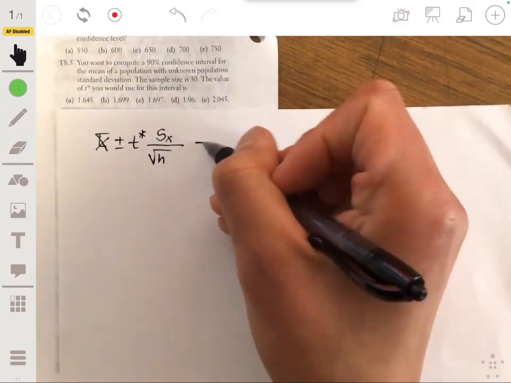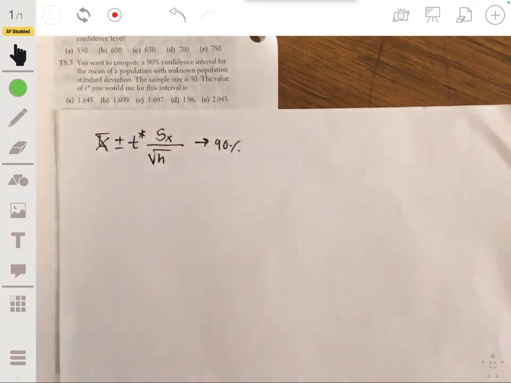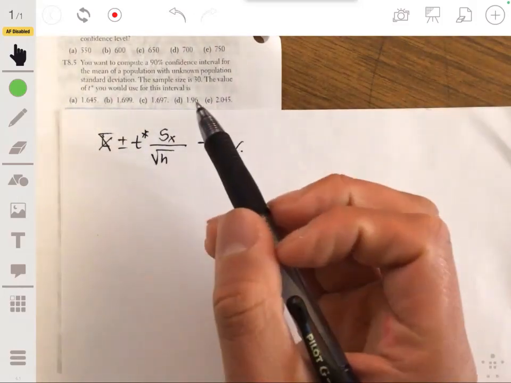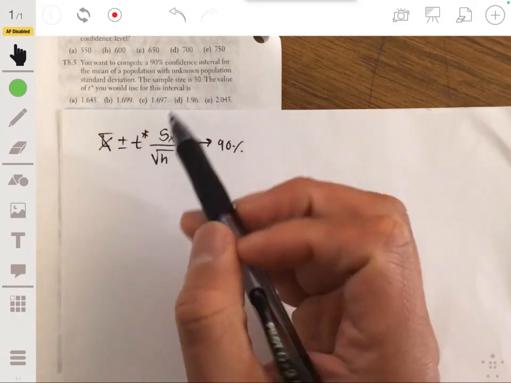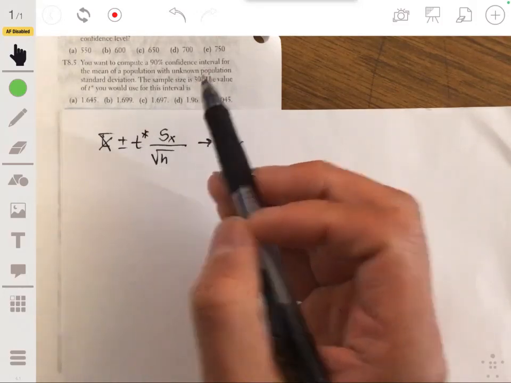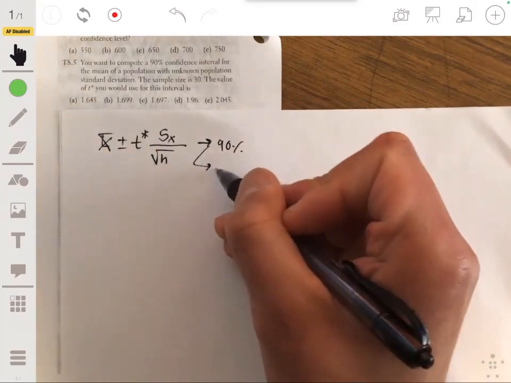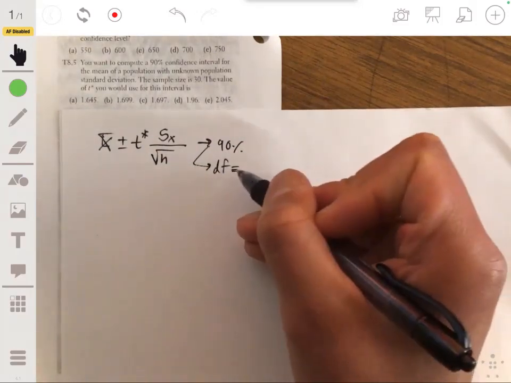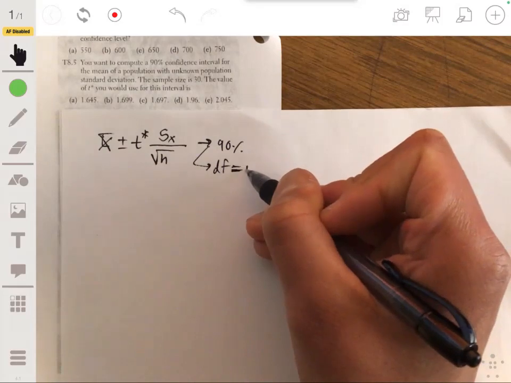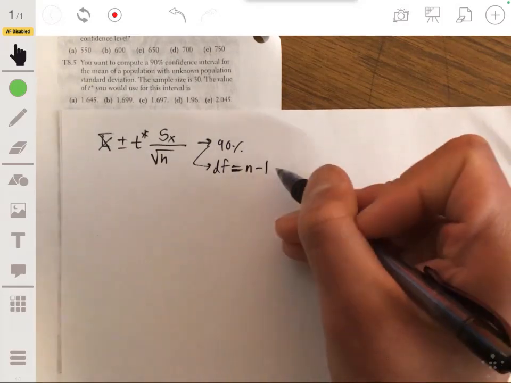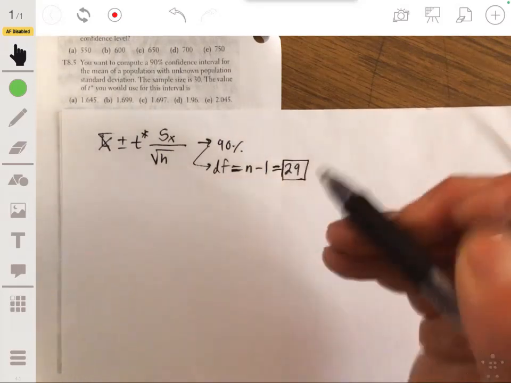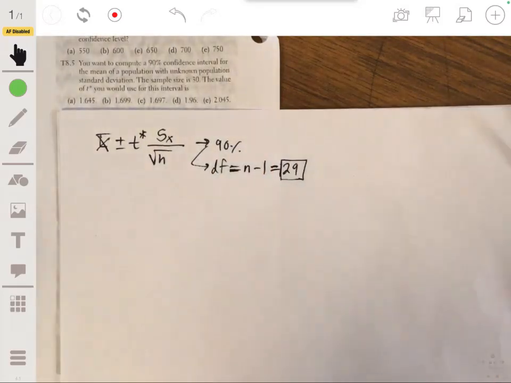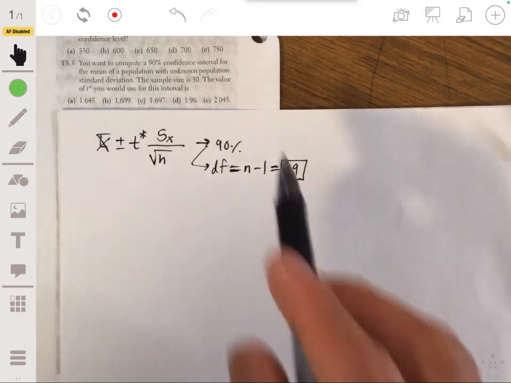And if you want to make a 90% confidence interval, then we have to look for the proper t star that corresponds with the sample size of 30, but you have to use degrees of freedom that's 1 less than 30, because the degrees of freedom will be the sample size minus 1. So we're looking at 29 degrees of freedom with a confidence level of 90%.